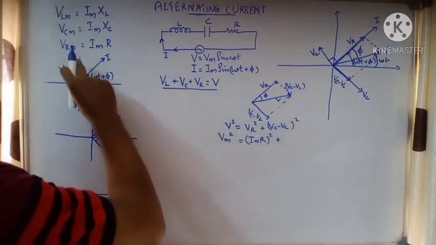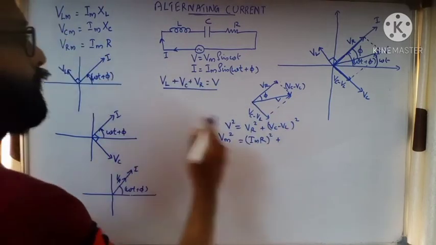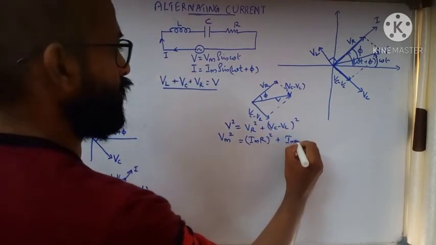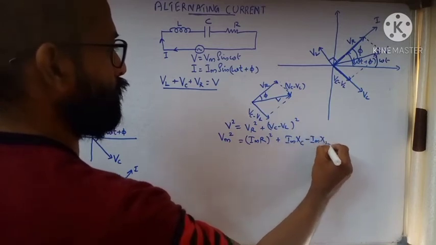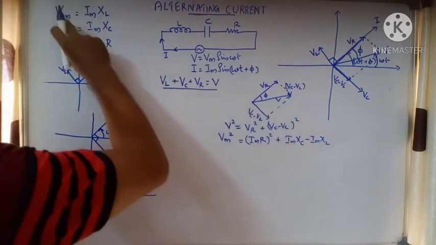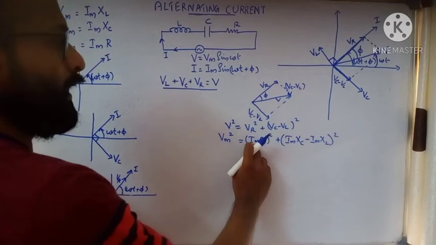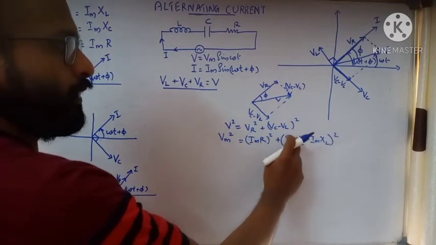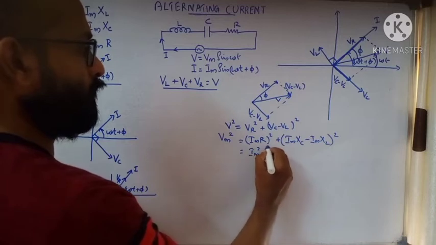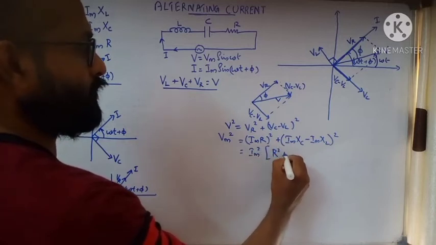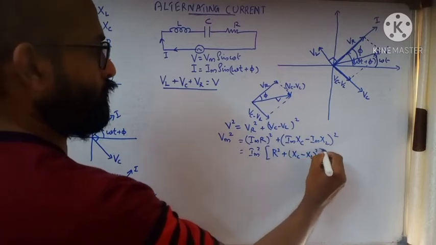Length of Vc is equal to Vcm, that is Im by Xc, minus Im by XL, then whole square. Here Im square we can take common. What is left is R square plus Xc minus XL the whole square.